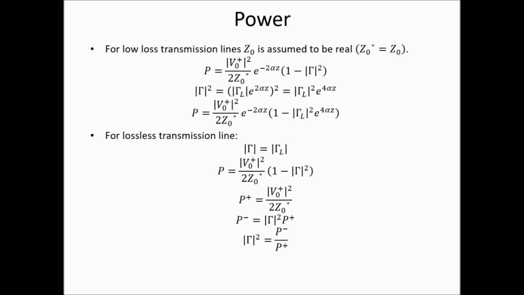We don't ask to find power anyway, but you have to know the reflection coefficient. We can measure it in terms of power. The formula for the reflection coefficient squared is P minus over P plus, where P minus is the reflected power and P plus is the incident power.